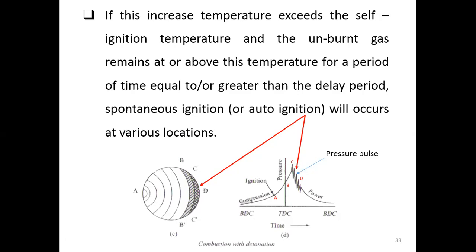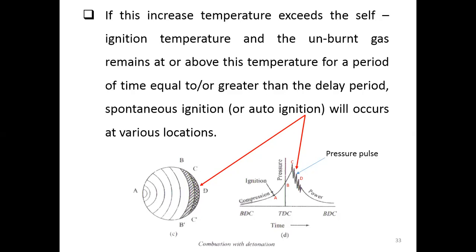This is what it means, a time equal to the delay period. So when normal ignition happens, this end gas also ignites. So we have two ignitions happening at the same time, or the end gas ignites itself after the normal ignition, at a time greater than the delay period.